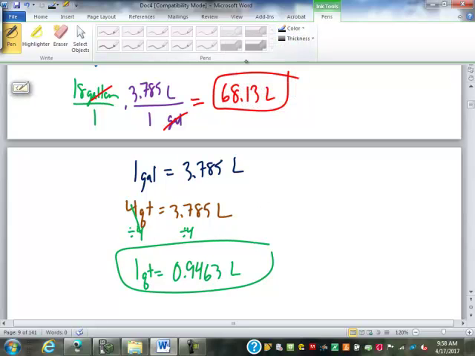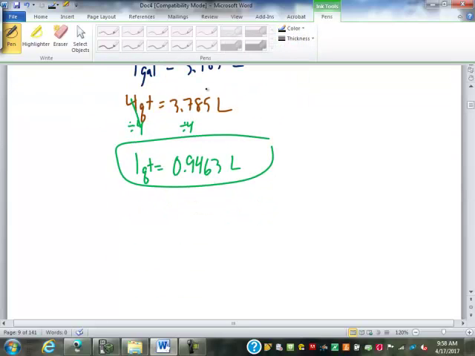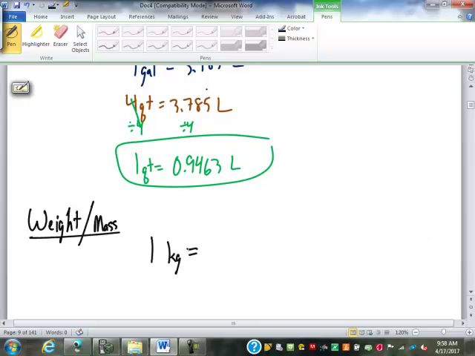For weight and mass, like I had mentioned before, this is where it gets kind of sloppy because we use that 1 kilogram is approximately 2.2 pounds.